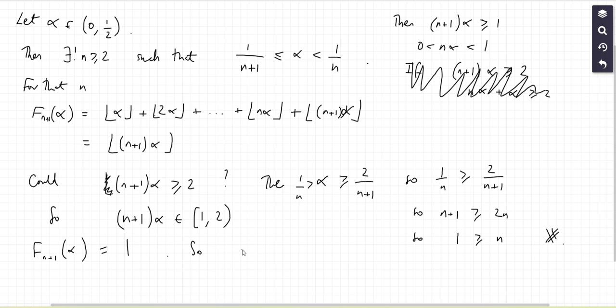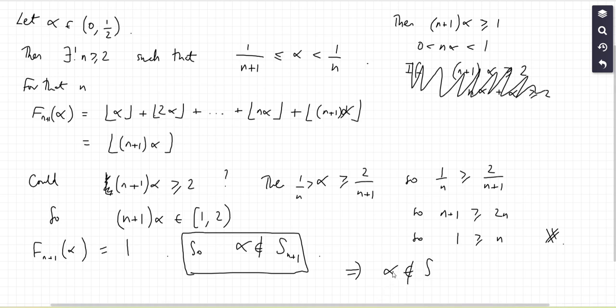So alpha is not in S_{n+1}, and that of course implies that alpha is then not in S. So we've shown that for all of these positive values. And hopefully, I think we should be able to show something similar for the negative values.